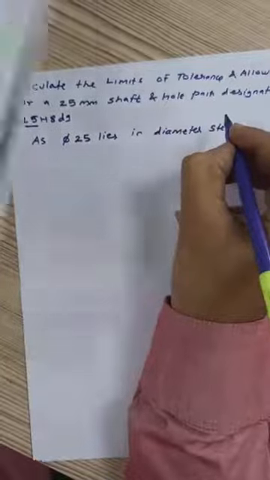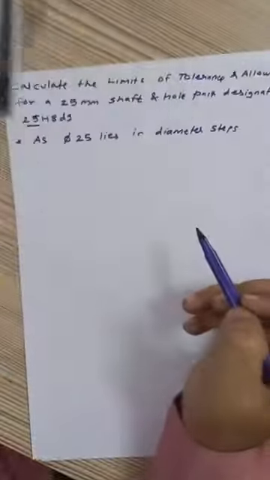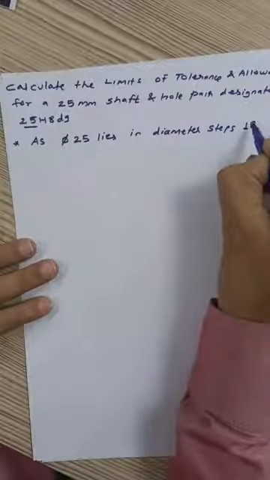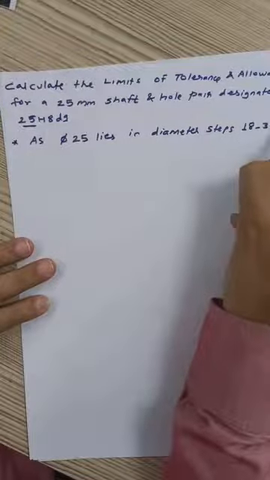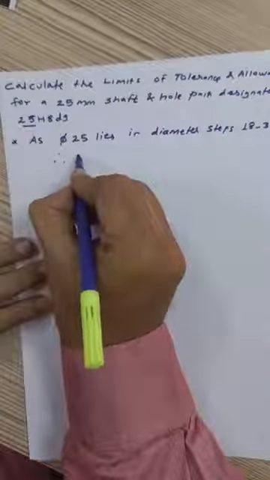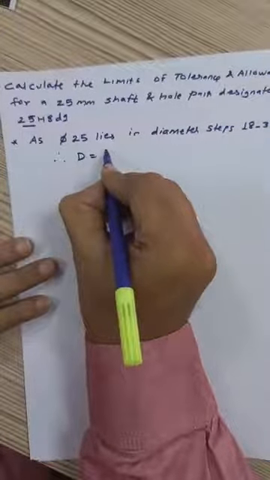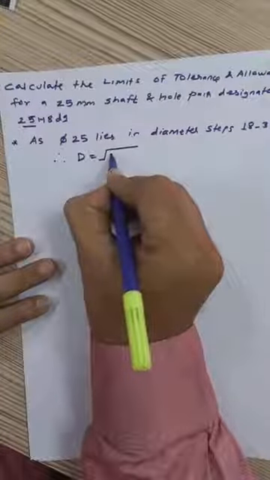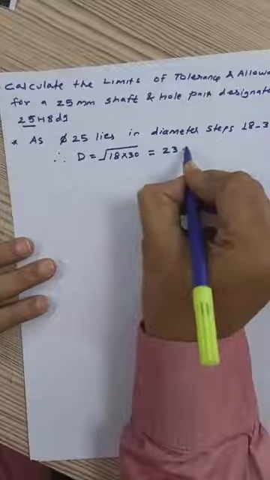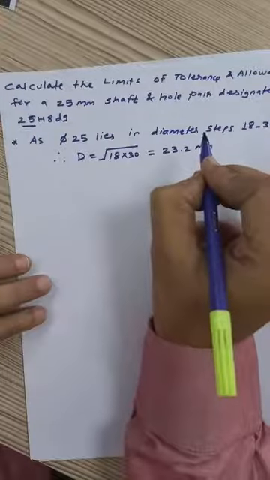So diameter step is to be found out from here. 25 lies in the diameter step of 18 to 30, right? Therefore D is equal to the square root of 18 into 30, which comes to be 23.2. This is the first step.